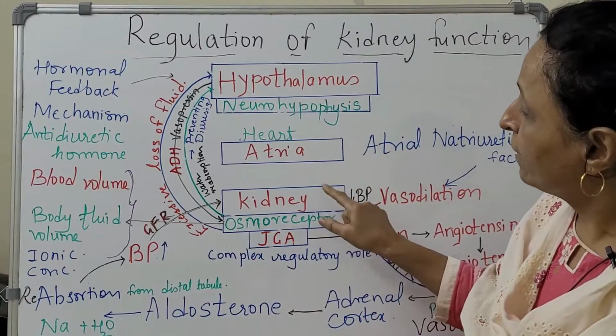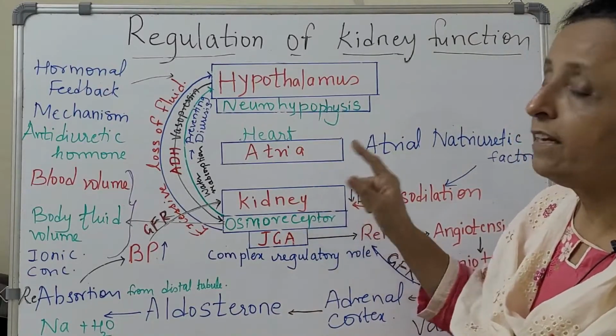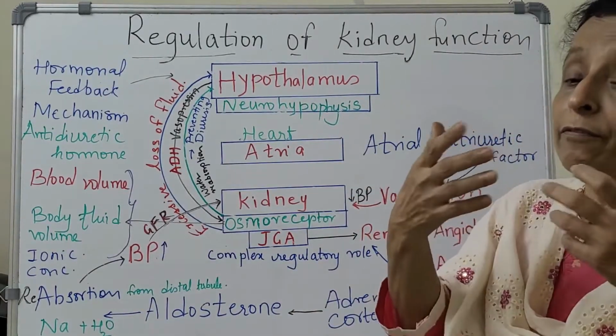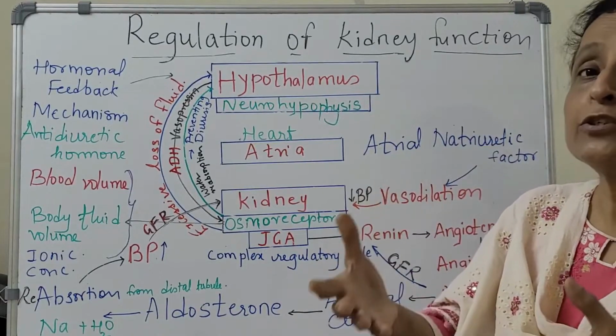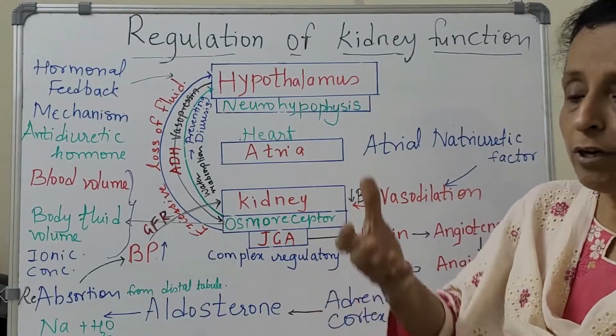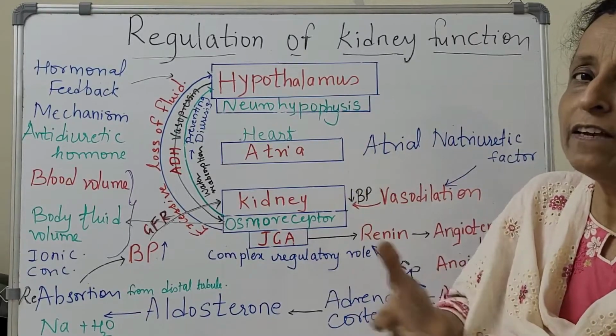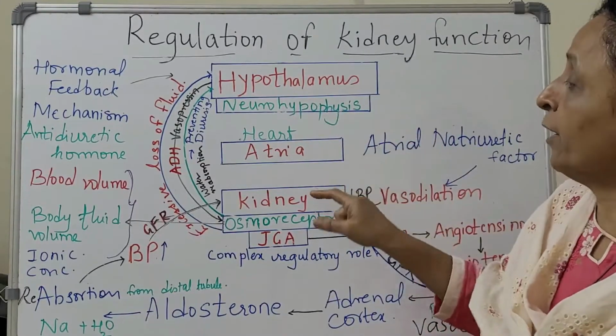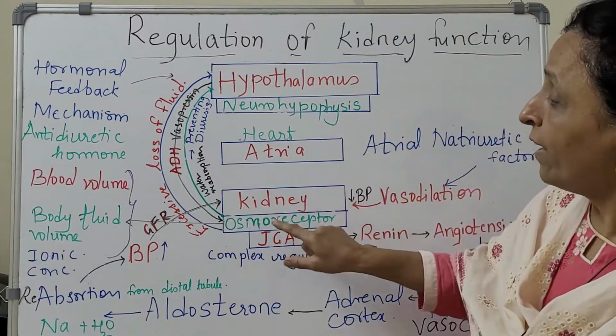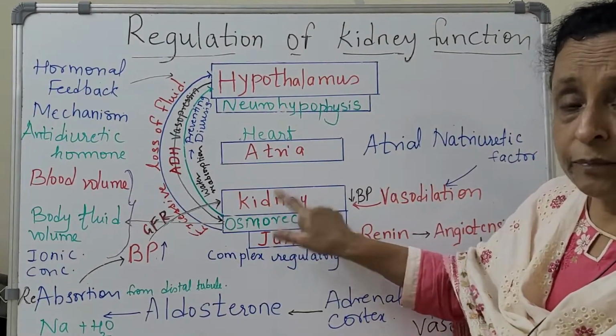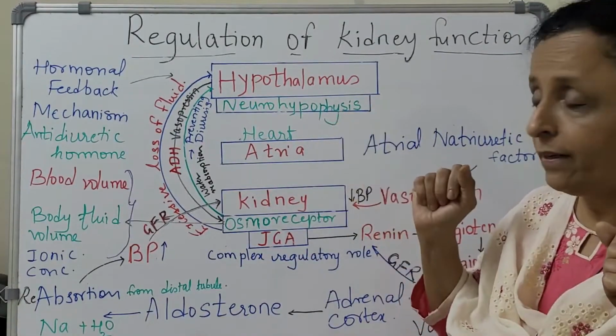So the glomerular flow rate has to be maintained, because blood is flowing continuously in the glomerulus. The pressure has to be maintained.